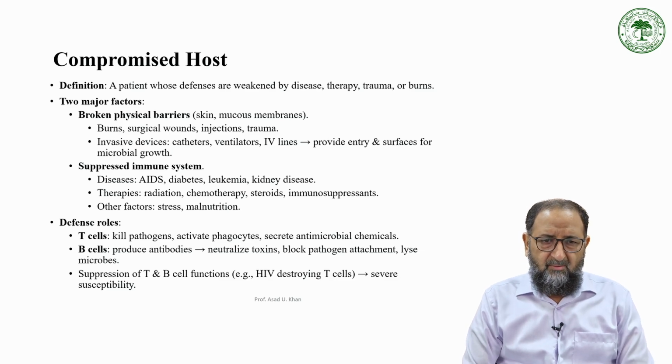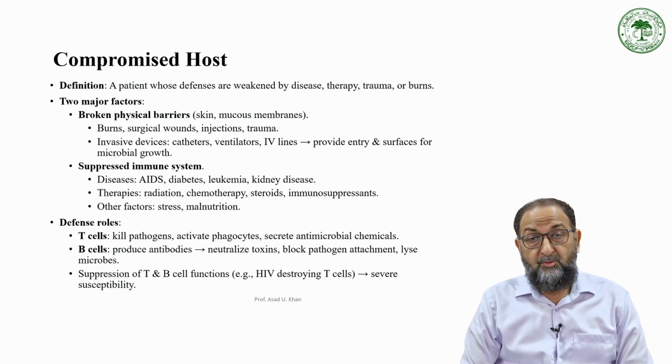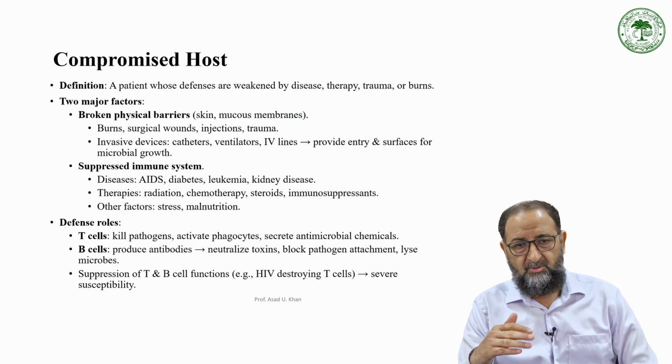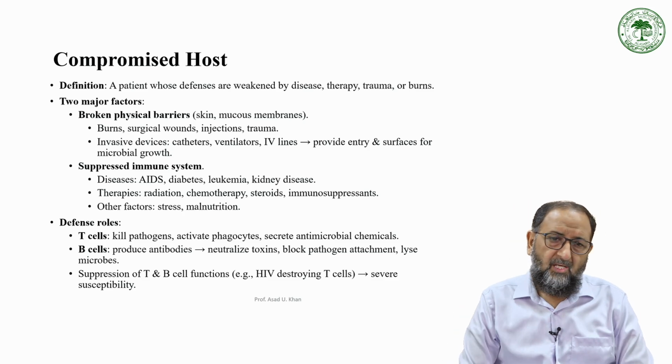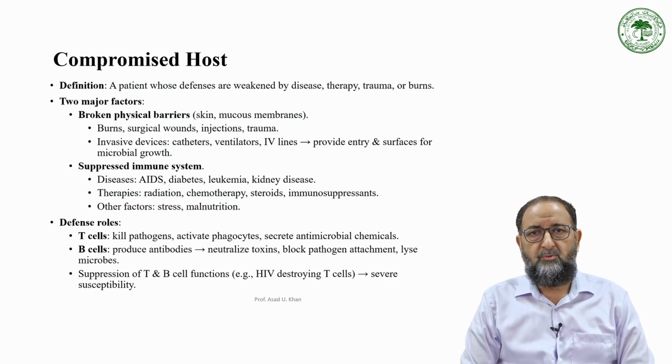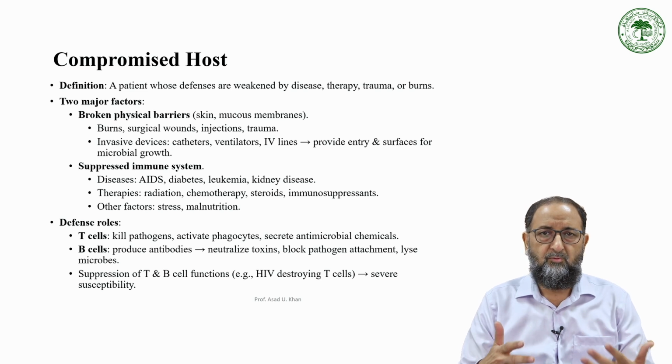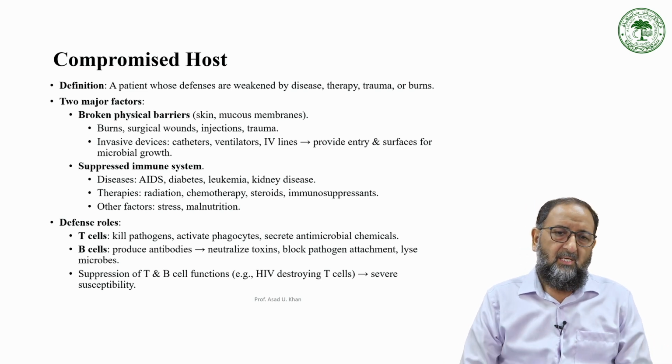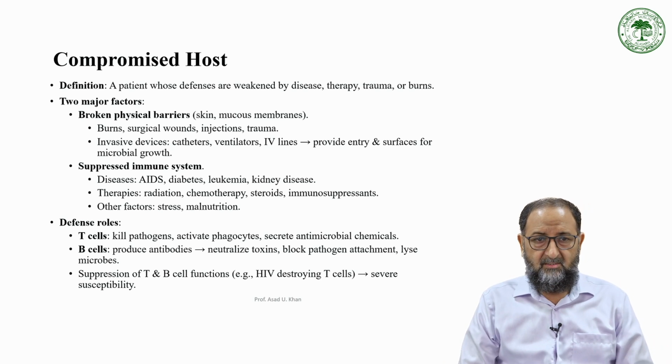Defense role: T cells kill the pathogens, activate phagocytosis, and secrete antimicrobial chemicals. Right, so this is how T cells can defend. The most important thing is to strengthen the immune system through various means, through immunomodulators, or even therapeutic vaccines, which can improve the immune system and defend against such infection.